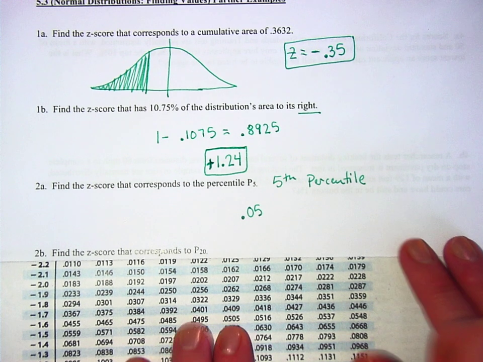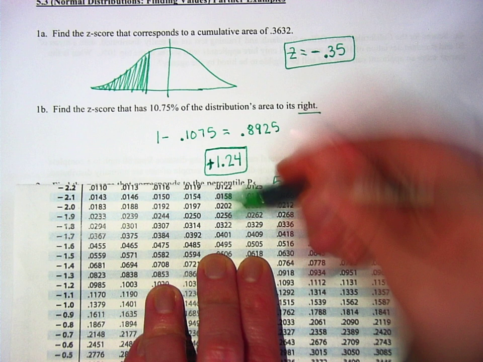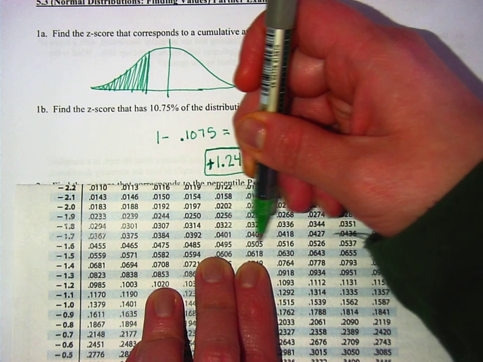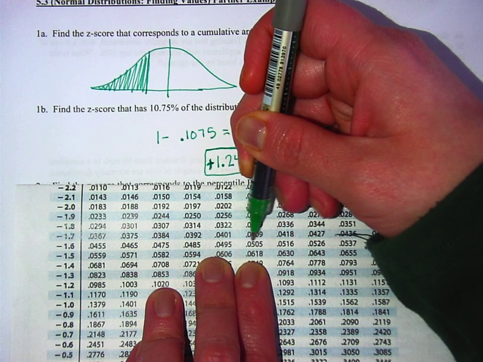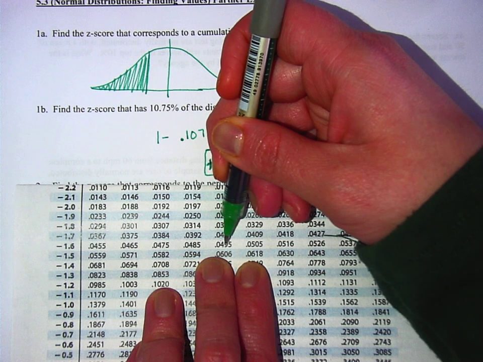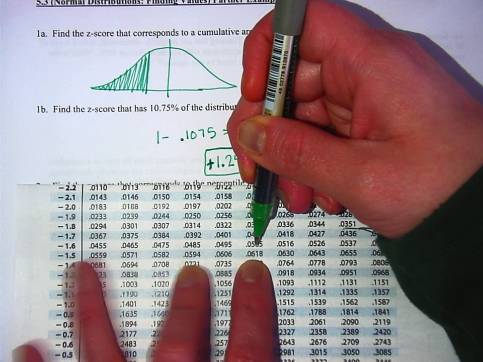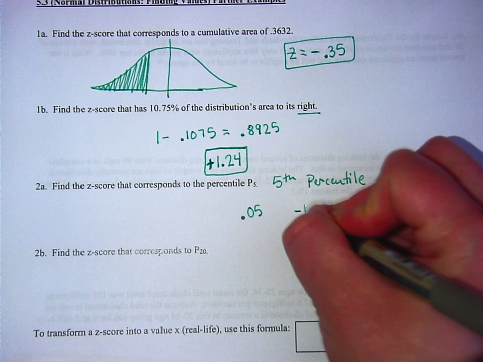It's halfway between 0.0495 and 0.0505. One is 5 ten-thousandths above, and one is 5 ten-thousandths below. Halfway between. So I'm gonna write negative 1.6 as the z-score.